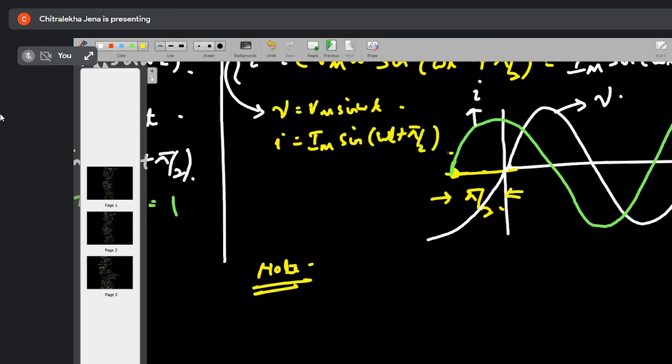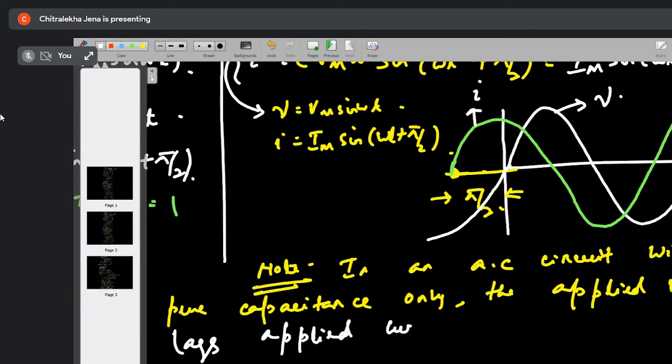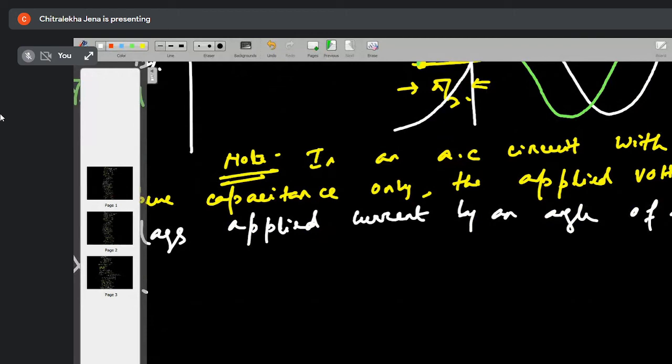In an AC circuit with pure capacitance only, the applied voltage lags the applied current by an angle of pi by 2 radians, or 90 degrees. Very good.